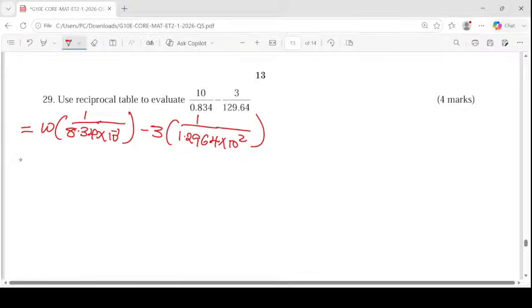So this will be 10 into, we need to access our mathematical table so that we exactly see what is required of us.